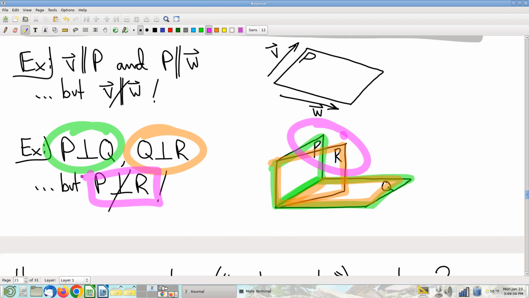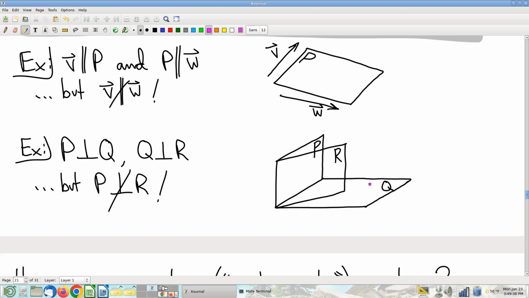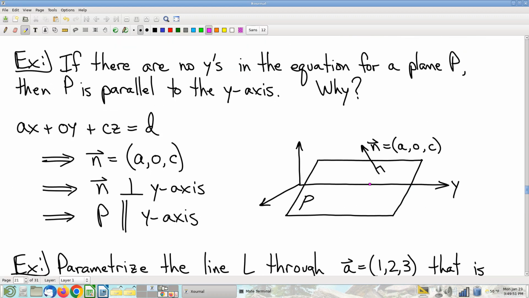So, here's my rule on this. You can make geometric arguments, and you don't have to go back to a high school level of geometric facts to prove the general result you're citing. If you argue that I know N is perpendicular to the y-axis, therefore the plane is parallel to the y-axis, fine.